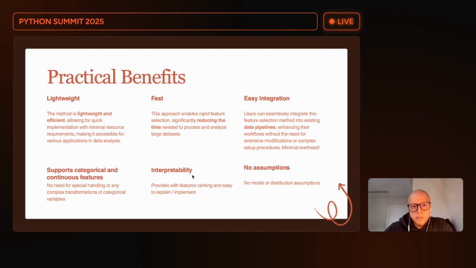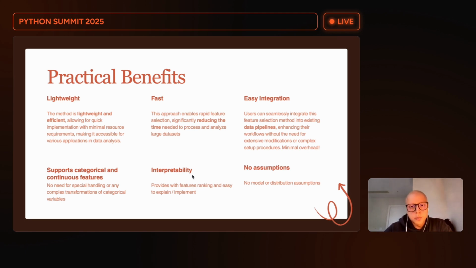So some benefits, just to repeat: it's lightweight in a sense that it's just a couple of formulas and estimation of probability density functions. That actually means building some histograms. It's fast because it does not require any model building. It does not require any complex analytics.